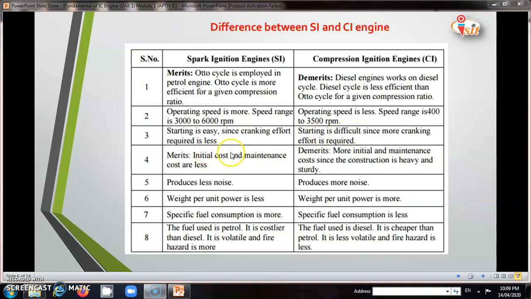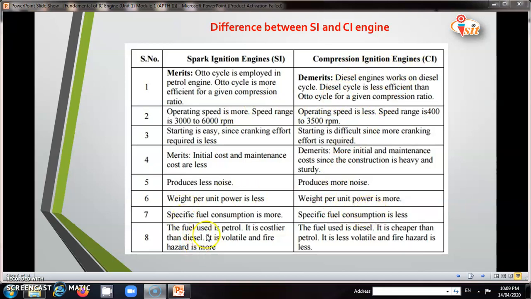The initial cost and maintenance cost are less in the SI engine, whereas in the CI engine the maintenance cost as well as the initial cost are more. The SI engine produces less noise, the CI engine produces more noise. Weight per unit power is less in the SI engine and more in the CI engine. The specific fuel consumption is more in the SI engine, but in the compression ignition engine the specific fuel consumption is less.